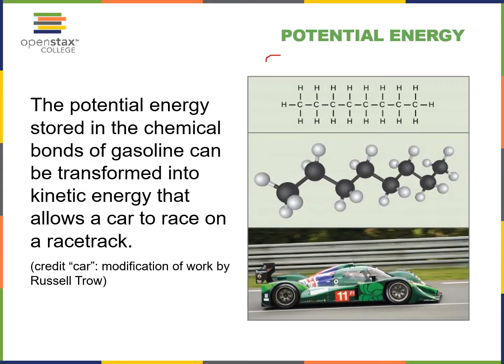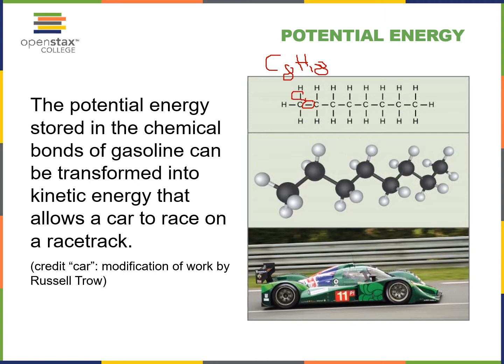And in gasoline, also known chemically as C8H18 or octane, gasoline or octane has its energy stored in chemical bonds as well. So all the bonds between the carbon molecules and all the bonds linking the hydrogen to the carbon molecules.